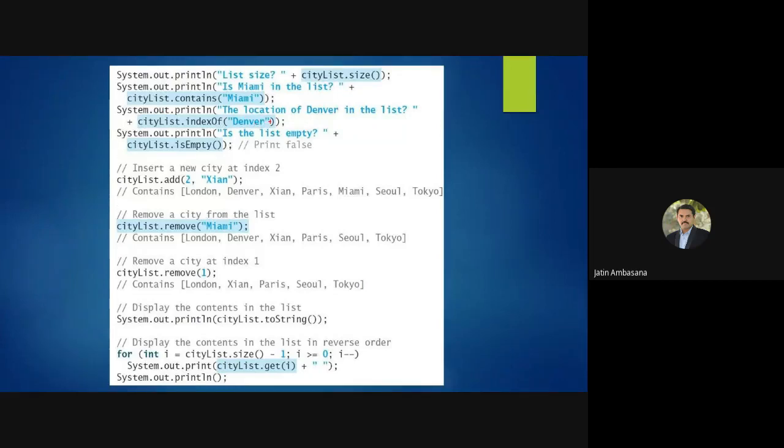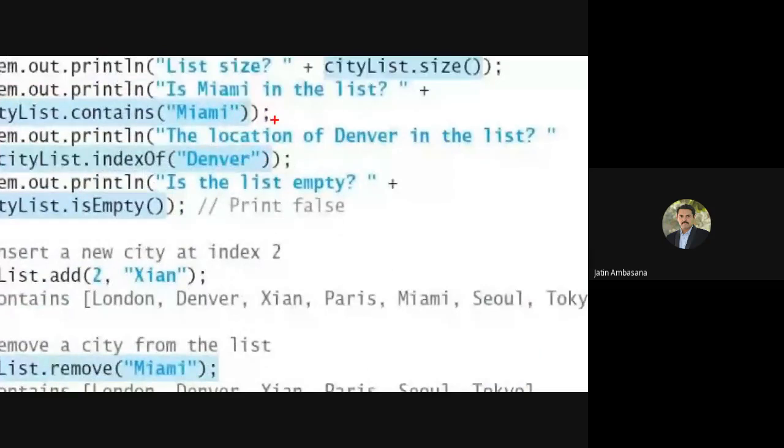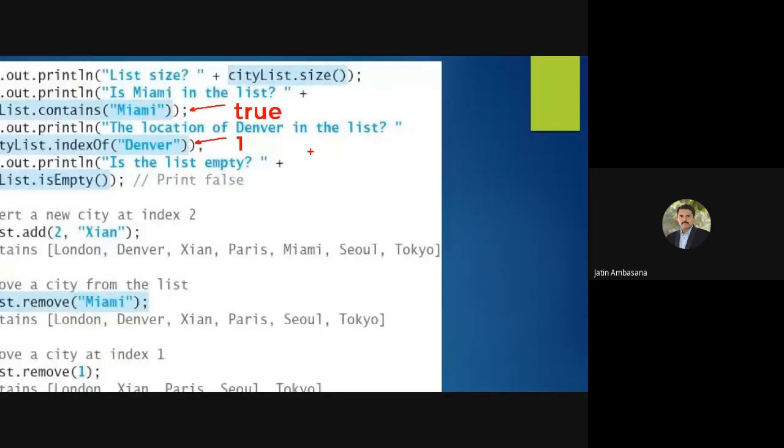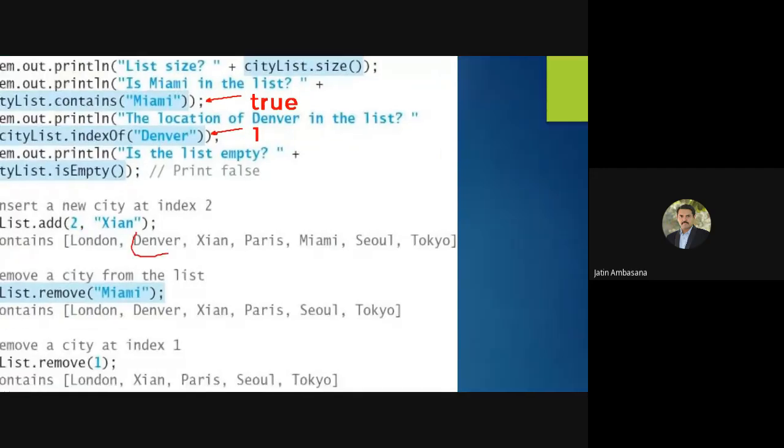So here for Miami it returns true. For Denver, it returns location 1. Since the location is 2, but the index starts with 0, so it is 0 and 1. Denver is at location 1. Okay. London is at 0, Denver is at 1.